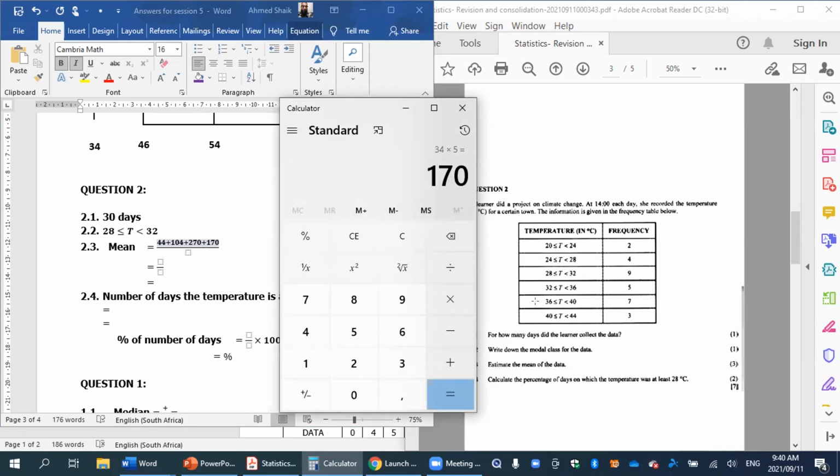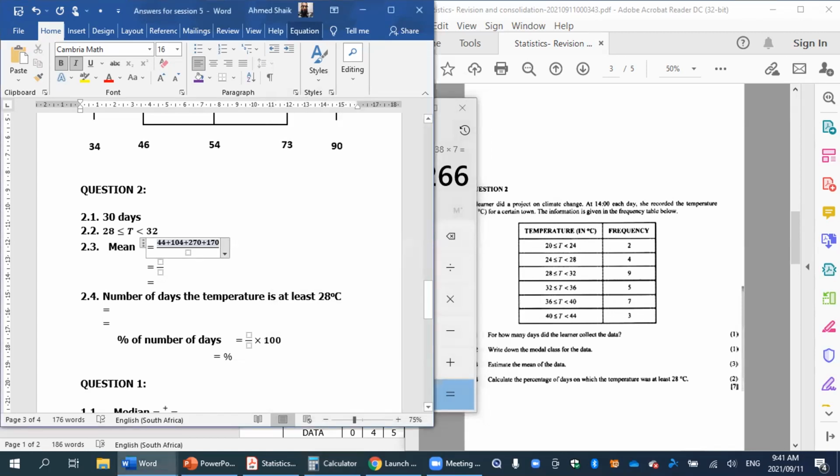We're looking at our next interval, 36 to 40, so let's calculate our midpoint. 36 plus 40 divided by 2, our midpoint is 38, and we have a frequency of 7, so we're going to multiply 38 by 7, and that gives us a total of 266.